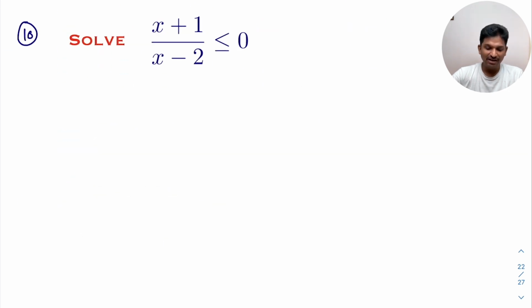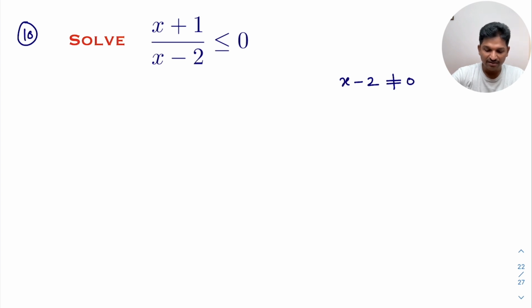You see, we need to solve this rational inequality. It is in the form of f of x by g of x. The procedure is same, how we learned in type 1, type 2. But the only thing you need to consider is that this denominator cannot be equal to 0.